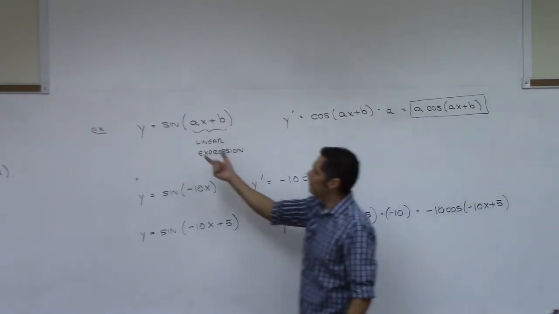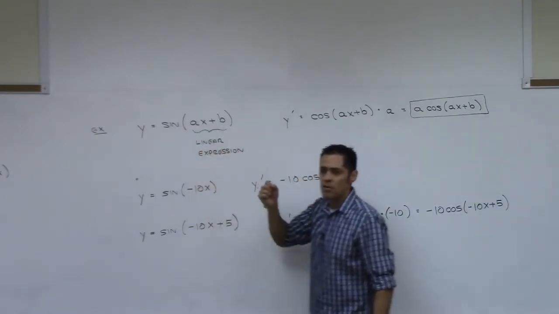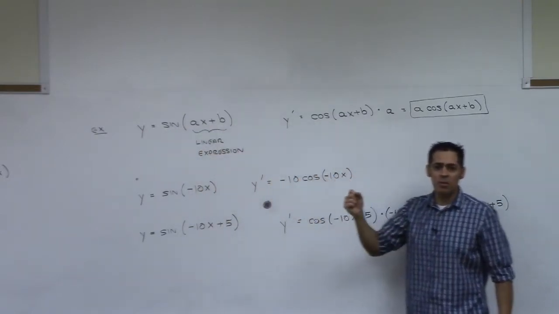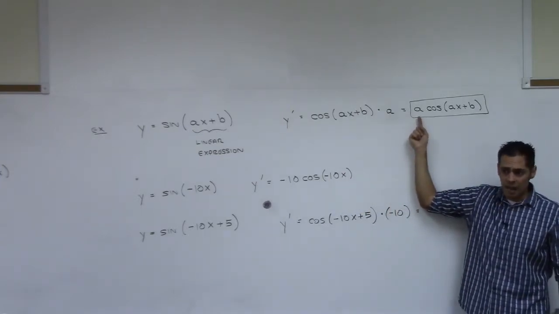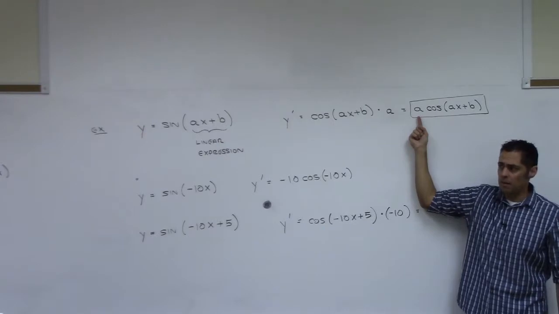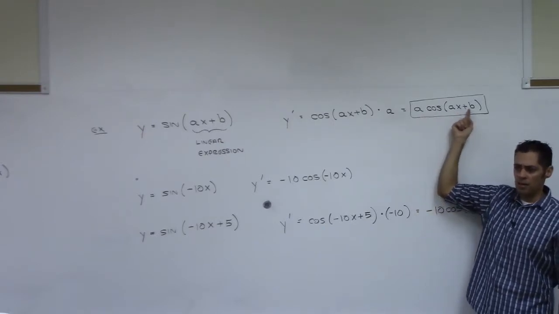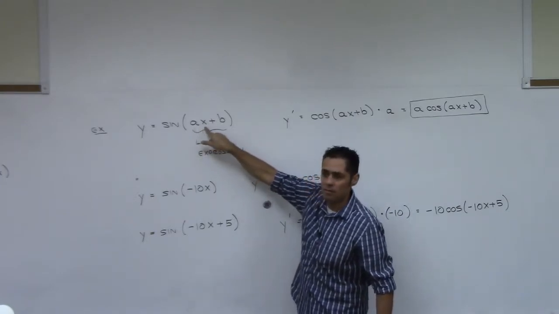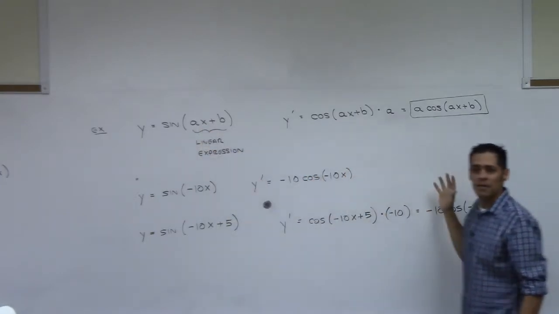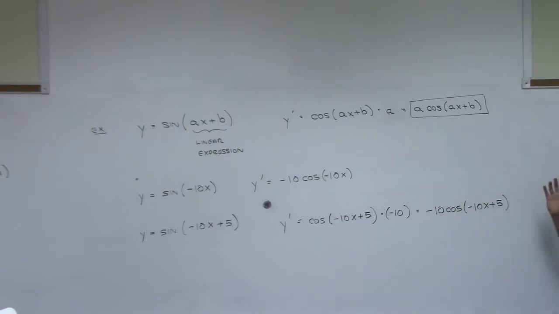So the derivative of sine of a linear expression is going to be equal to the coefficient of the x term, a, times cosine of the linear expression. That will always happen if you take the derivative of sine of a linear expression.